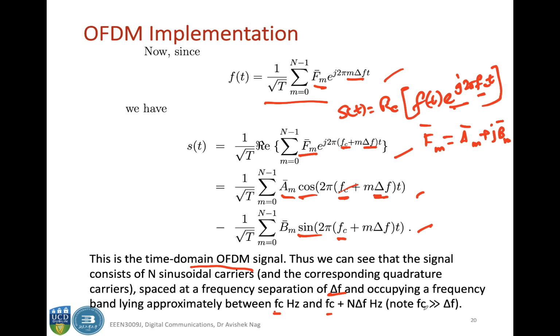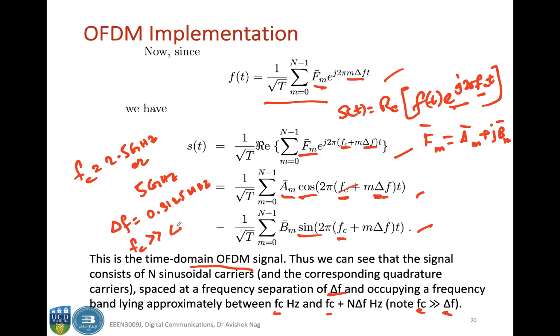Usually f_c is much greater than delta f. As you could see from the example before, we discussed the Wi-Fi WLAN example where f_c was like 2.5 gigahertz or 5 gigahertz, and delta f was like 0.3125 megahertz. So basically f_c is much greater than delta f.